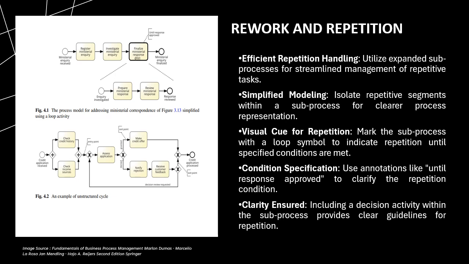Visual cue for repetition: mark the sub-process with a loop symbol to indicate repetition until specified conditions are met. Condition specification: use annotations like 'until response approved' to clarify the repetition condition. Clarity ensured: including a decision activity within the sub-process provides clear guidelines for repetition.